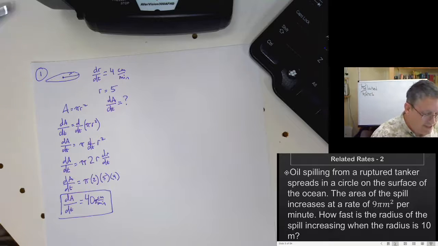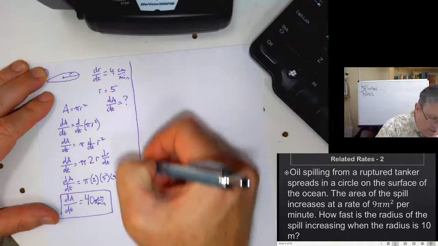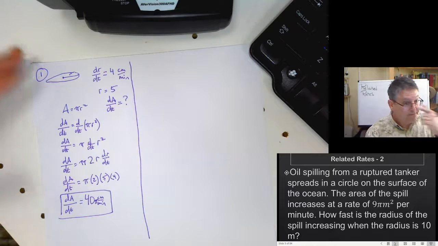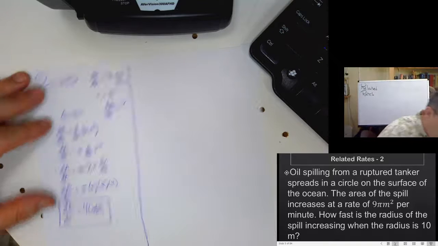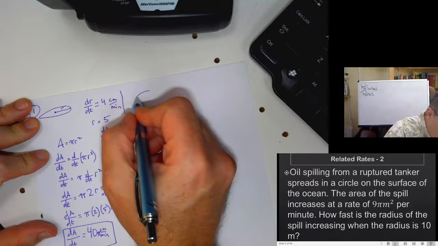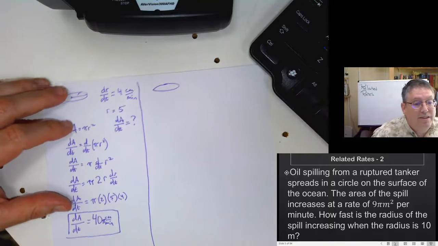And I'm going to leave that on the same page actually because it's the same question from a different perspective. Oil spilling from a ruptured tanker spreads in a circle on the surface of the ocean. All right, so there we have a circle again, right? The area of the spill increases at a rate.